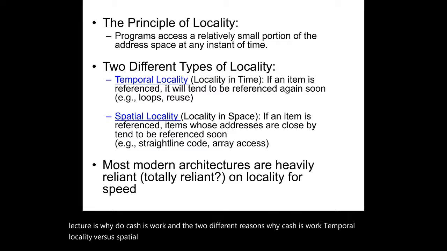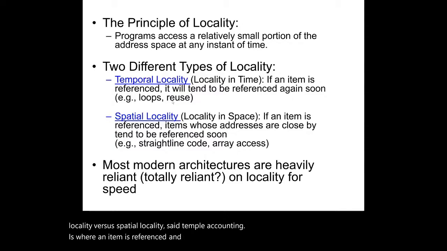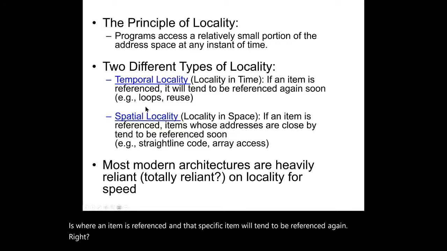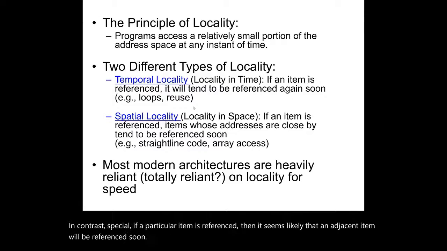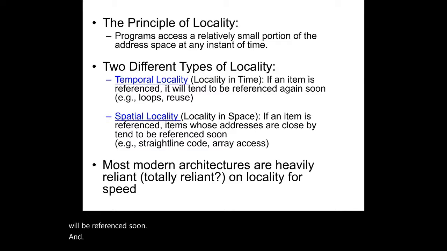So temporal locality is where an item is referenced and that specific item will tend to be referenced again, right? In contrast, spatial locality is if a particular item is referenced, then it seems likely that an adjacent item will be referenced soon. And that's clearly different.